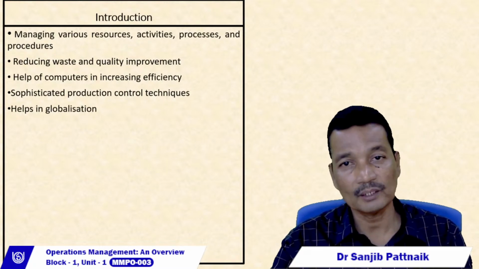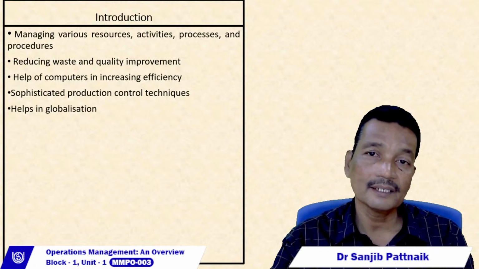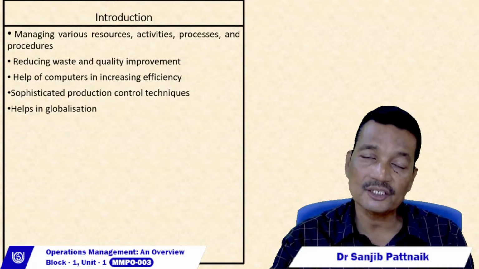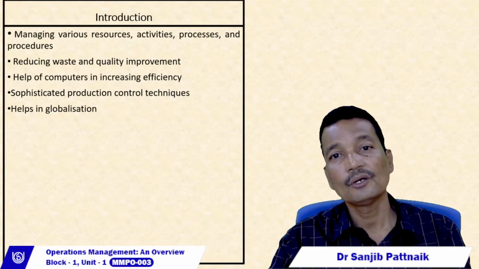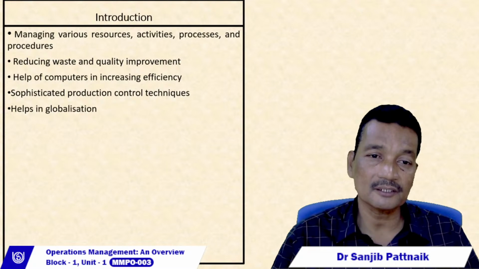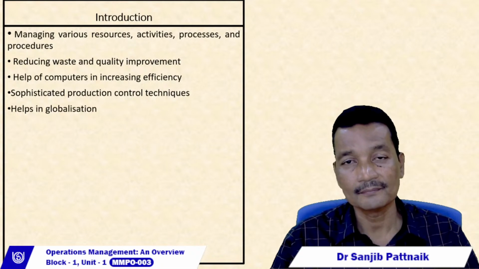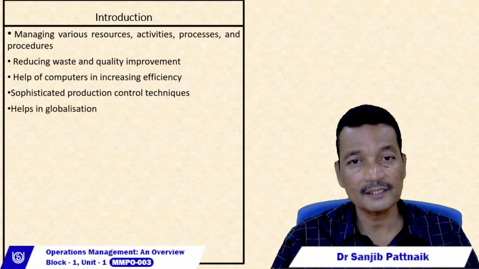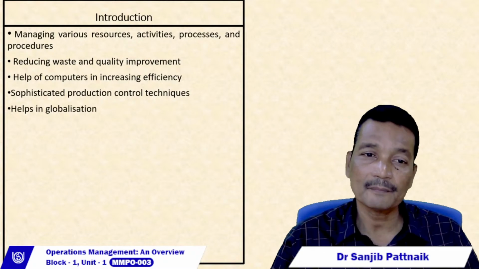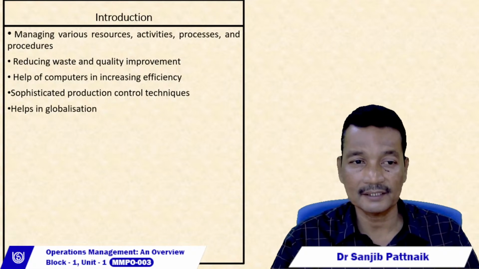If it is good, well and all right. But if it is not up to the mark, then you may face rejection in the marketplace. So, more and more sophisticated production control techniques are cropping up day by day. Use of statistics, use of computers, use of artificial intelligence are helping in production control of the organization.